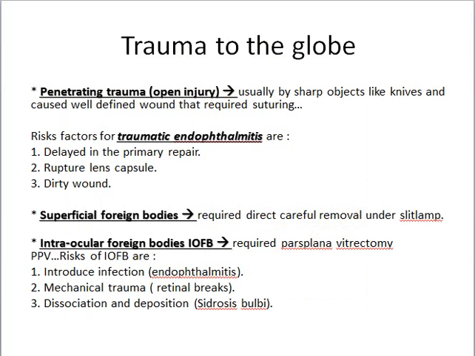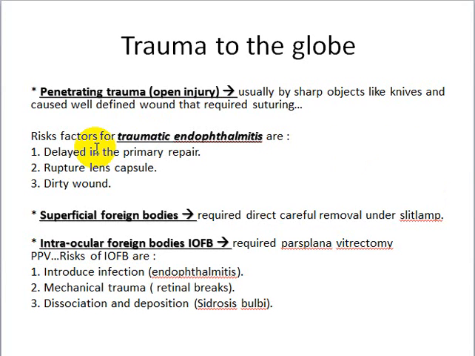Other type of trauma to the globe or to the eyeball is an open injury by sharp object like knives, which causes a well-defined wound that requires suturing by 10-0 nylon suturing to the cornea. If trauma to the sclera, use 8-0 Vicryl for suturing.